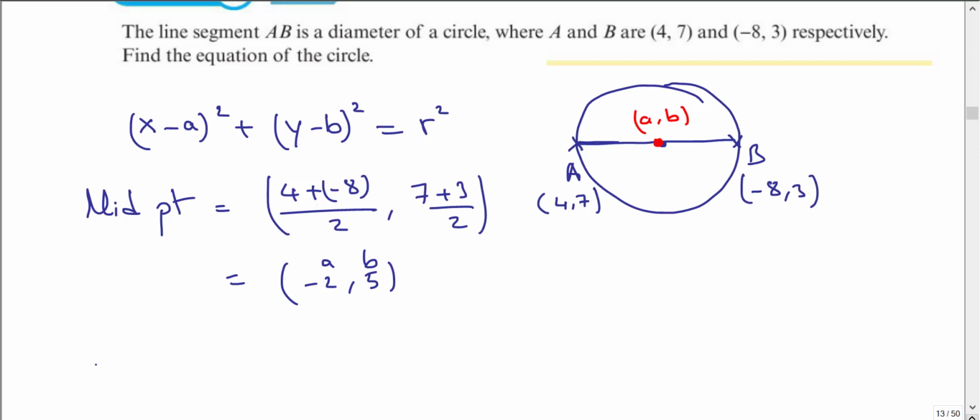Very simple. Get the diameter and divide it by 2. How would you get the diameter? The diameter is the distance formula. If you have 2 points, you can get the distance between the 2 points: square root of (x2 minus x1) all power 2 plus (y2 minus y1) all power 2. We need to memorize this. We already took this in paper 1.